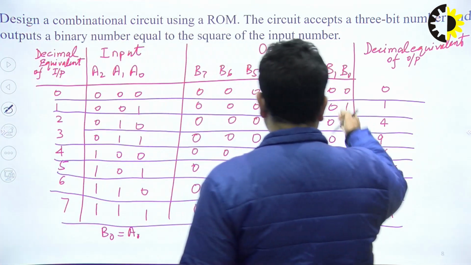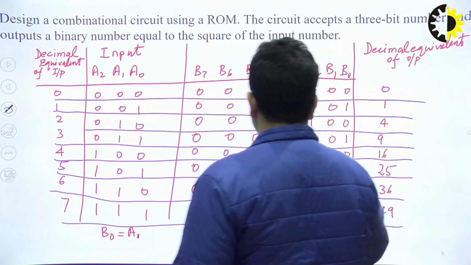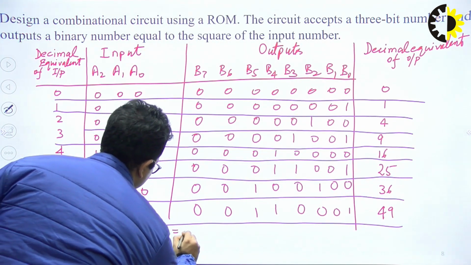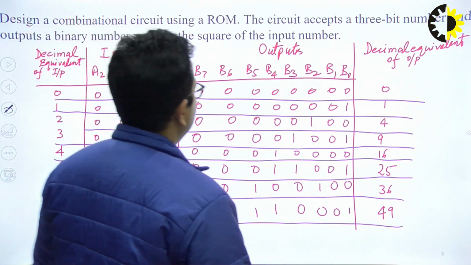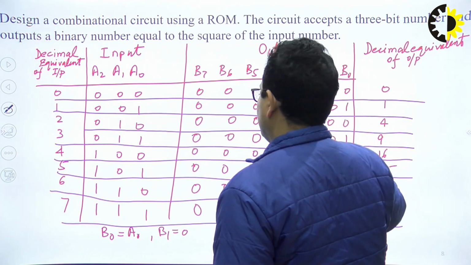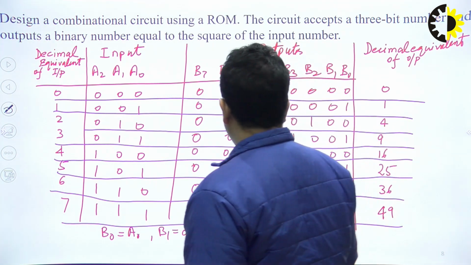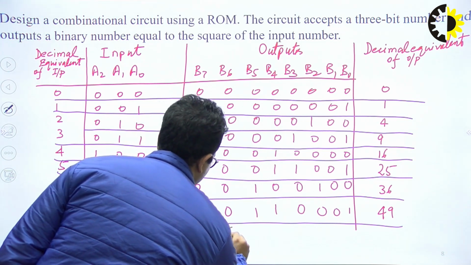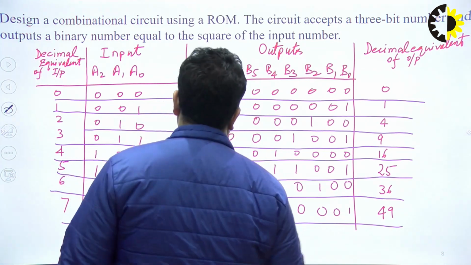Similarly for B1, it is entirely 0. That means B1 will be 0. We can ground that particular terminal. And here it is B2. Let us try to write the minterms for B2. For minterms we know that we have to concentrate on the combinations for which we are getting 1.